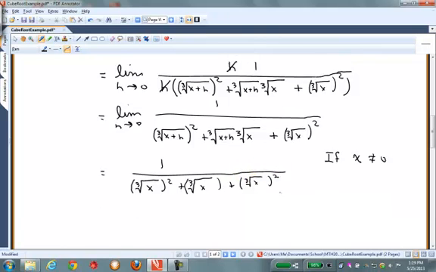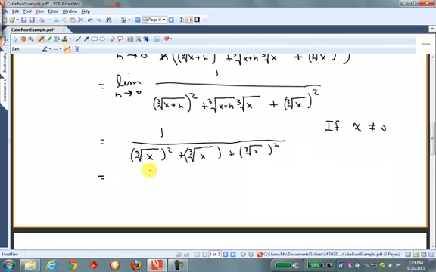And so this will be 1 over 3 times, I have 3 of these, and the cube root of x squared, the cube root of x squared is x to the 2/3. So it's going to be 1 over 3 times x to the 2/3.